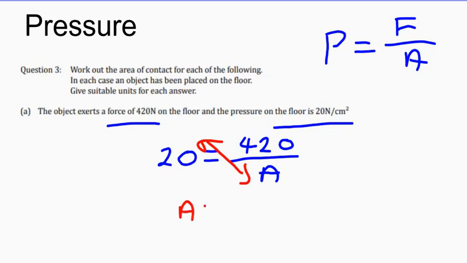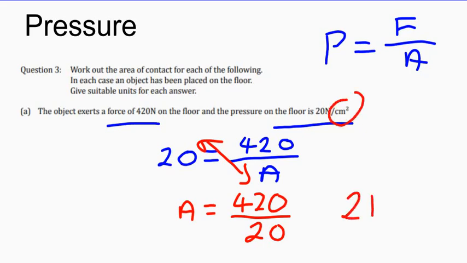So the area equals 420 divided by 20. Just look at what I've done there. The rest of these ones on question 3 are the same. Again, use your calculator if you want. That's absolutely fine, and that's 21. So it's 21, and on this one we're talking about centimetres squared.